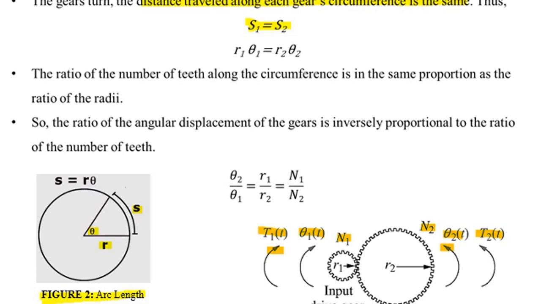Now both gear discs have same distance traveled, so S1 will be equal to S2, which implies that R1 θ1 will be equal to R2 θ2. The next point is the ratio of number of teeth along the circumference is equal to ratio of the radii of both discs. And the ratio of angular displacement of gears is inversely proportional to ratio of number of teeth.